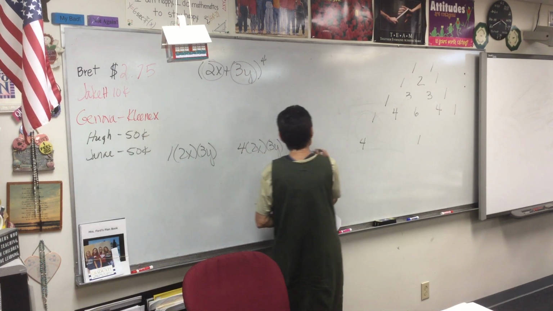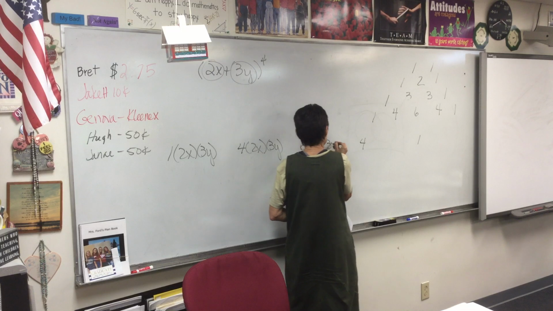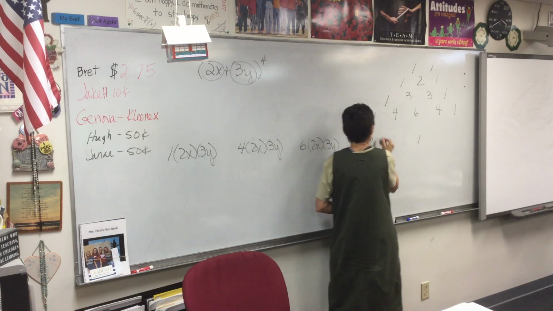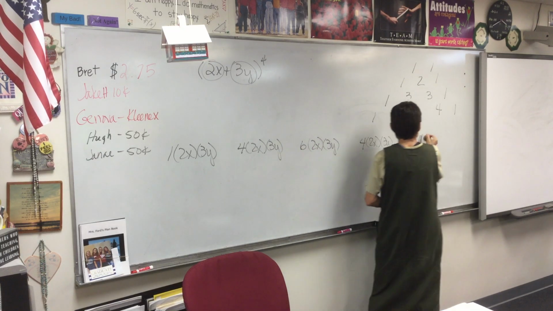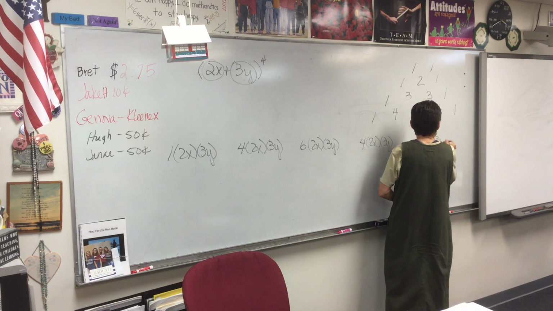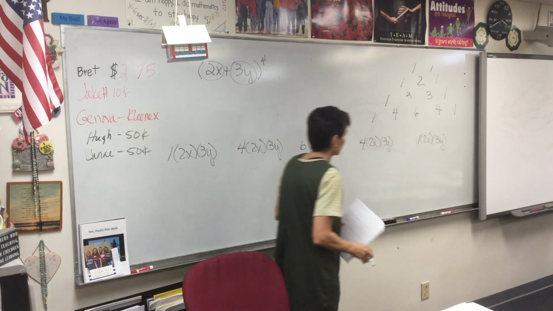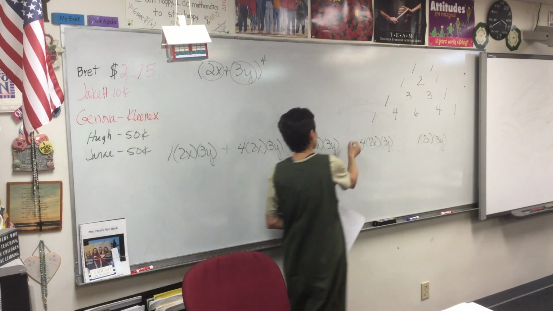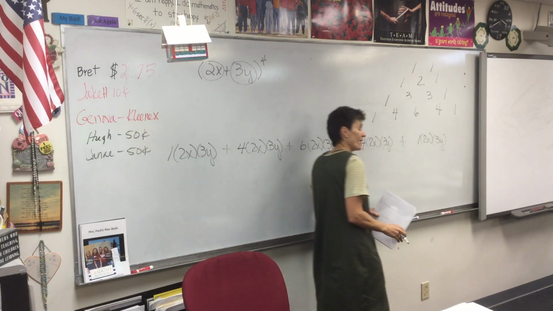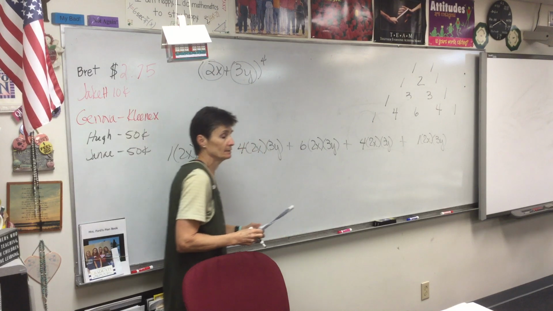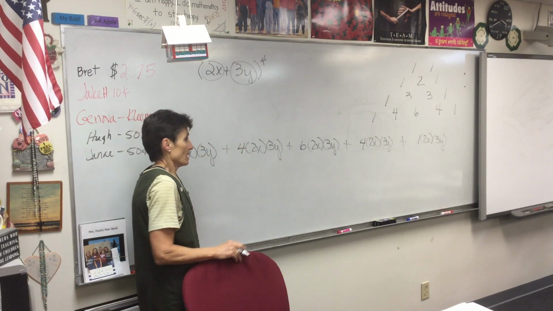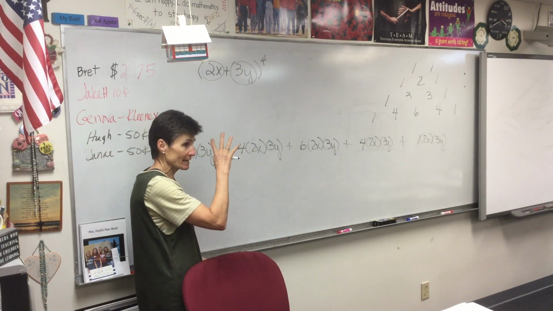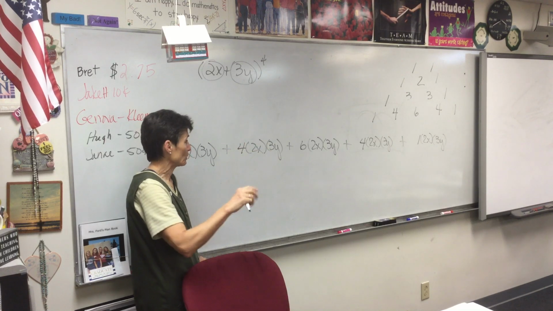Next to every number. Now these are individual terms, and the answer to this question is the whole shebang, so be neat. Got plus signs in between so I can see the individual separate terms.